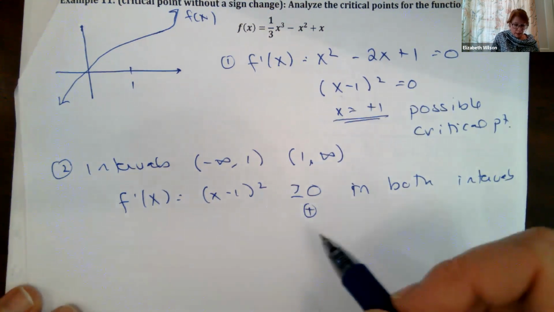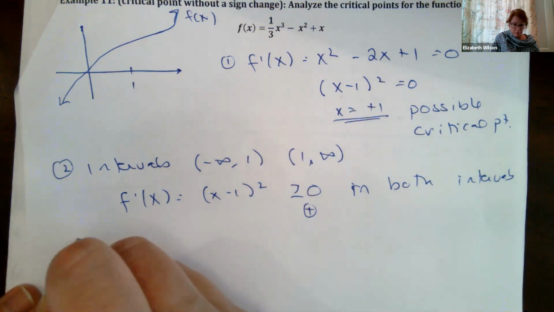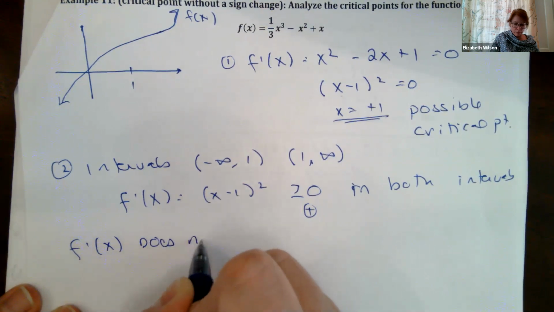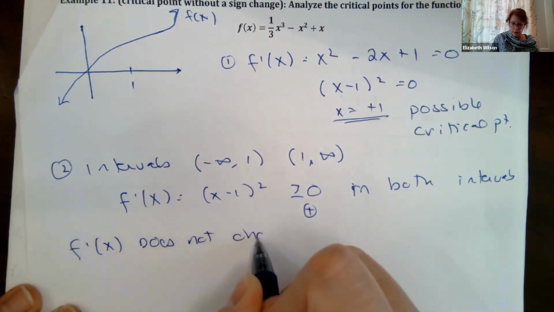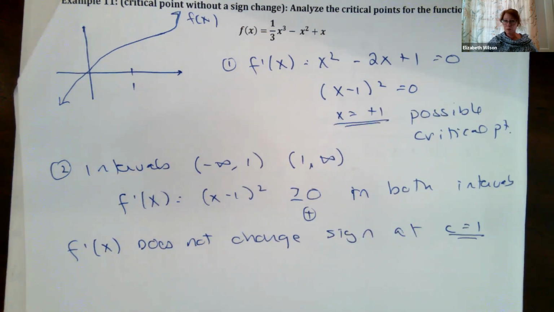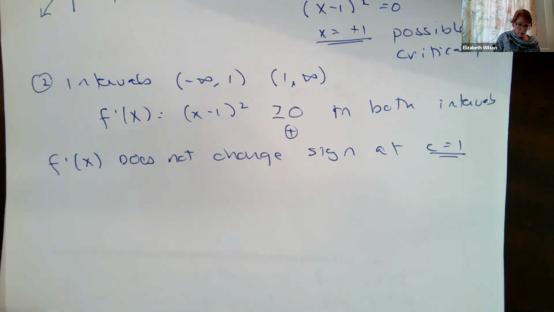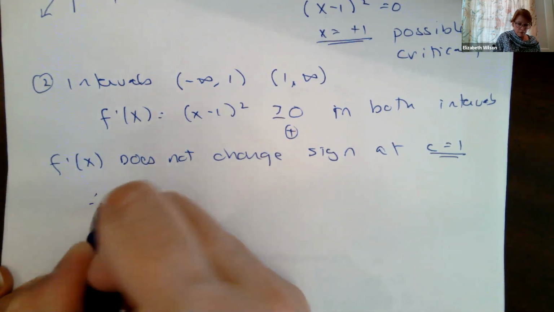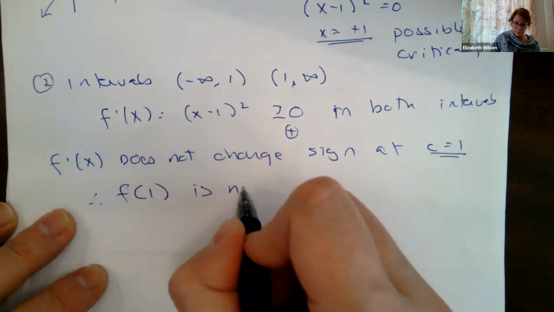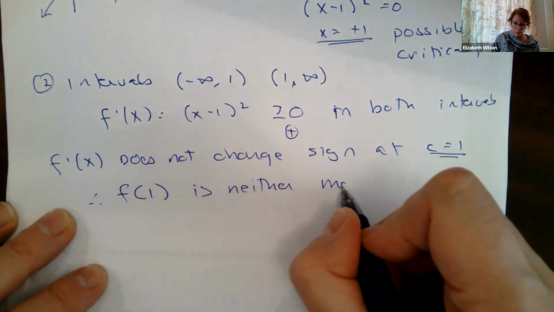So then basically that means that my derivative does not change sign at what we thought was our critical point. So therefore, c equals 1 is not a critical point. That means my function value here is neither a max nor a min.